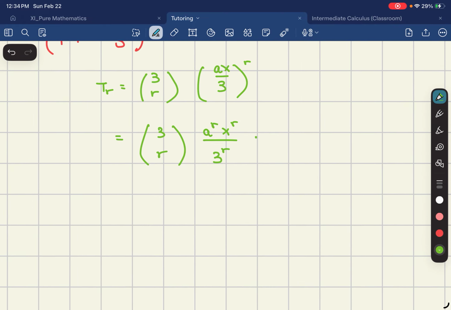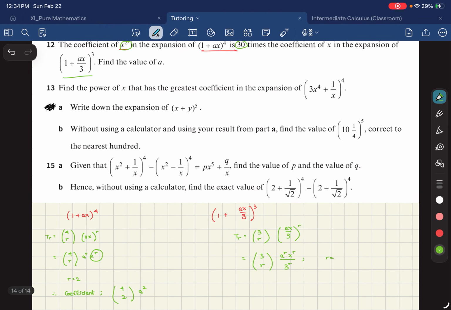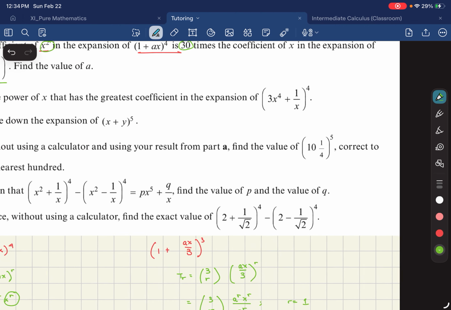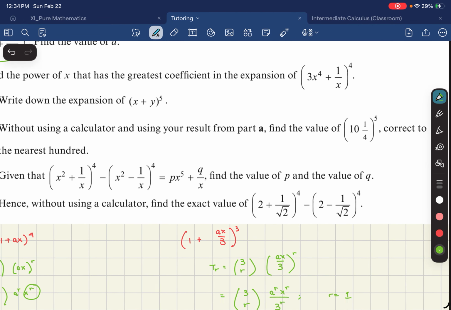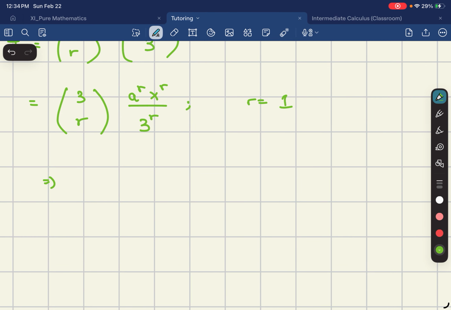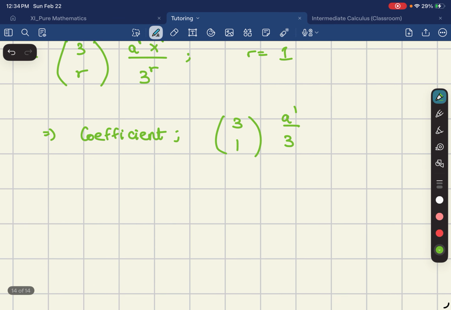And now we want to set x to the power r to be equal to 1, because it says 30 times the coefficient of x. So we just want x to the power 1. So now this gives the coefficient to be 3 choose 1, a to the power 1 divided by 3. And 3 choose 1 is just 3. So you just have a to the power 1.